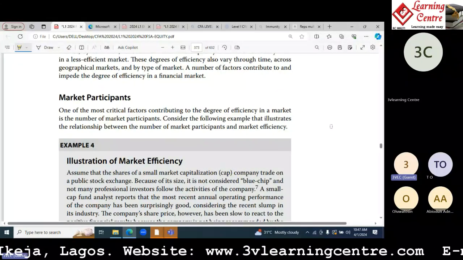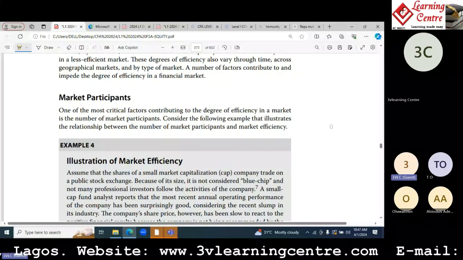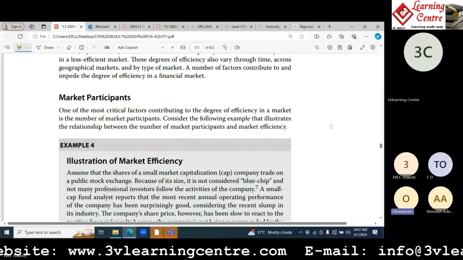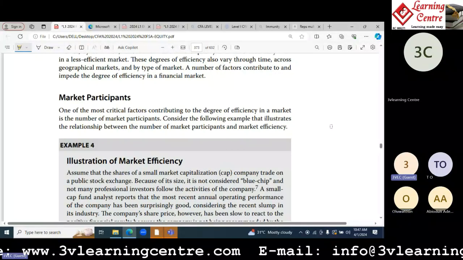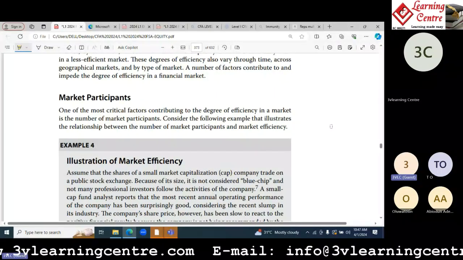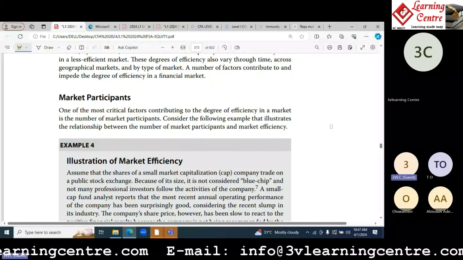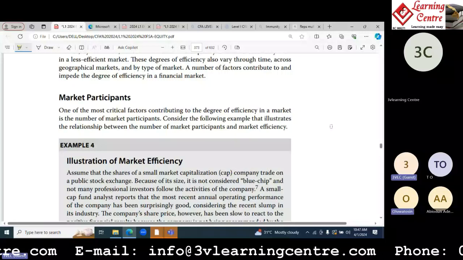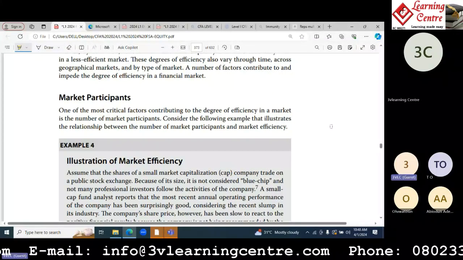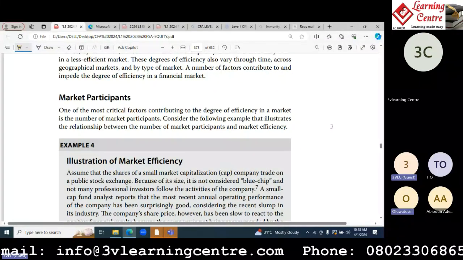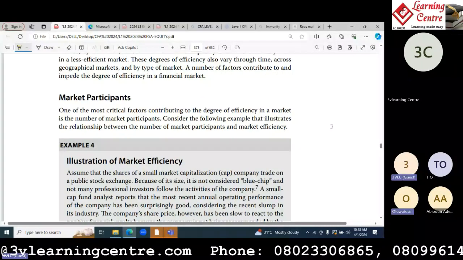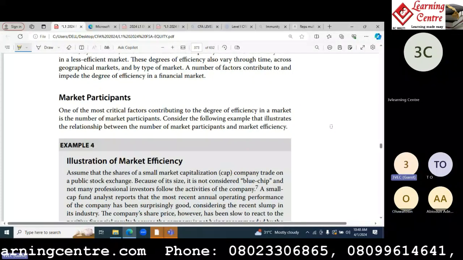But what you have said is information segregation, meaning it is only a selected few that have access to that information. And what you have said is what I feel happens in the Nigerian Stock Exchange. Brokers tend to have more information about what is happening in that market than any other person that is not a broker.